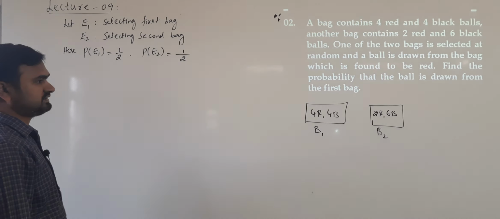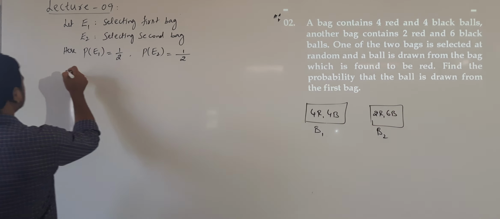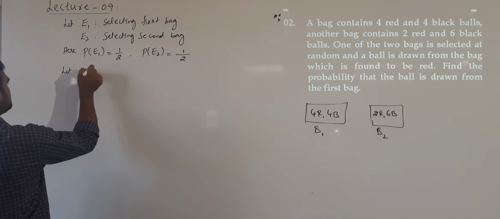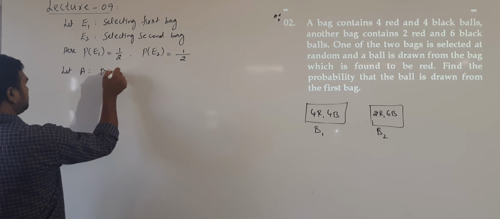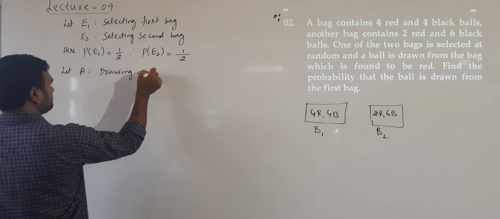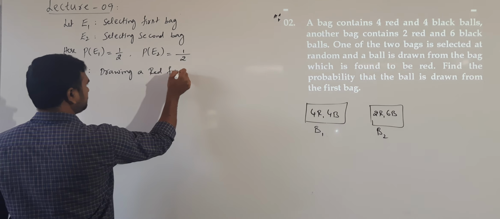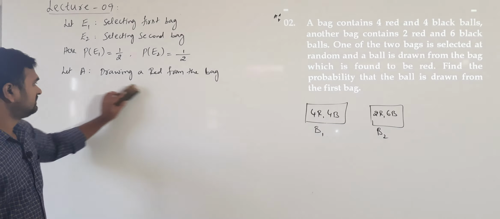Now from that bag we are taking one ball. What is the color of the ball? Already we know it is a red ball. So let A be the event of drawing a red ball from the bag. Now we don't know which one it is. Maybe it is the first one or maybe it is the second one.